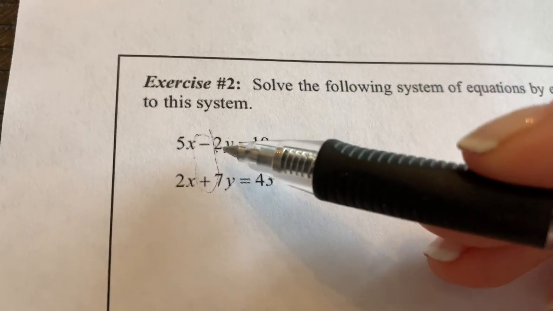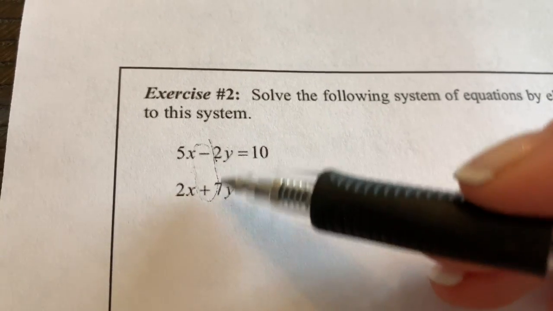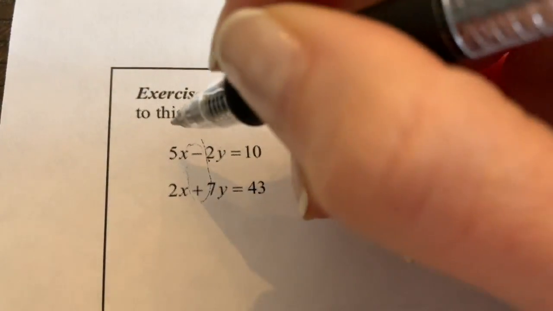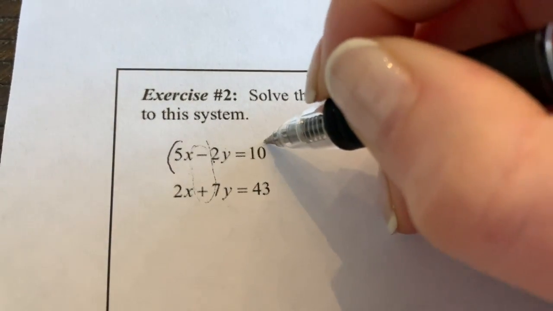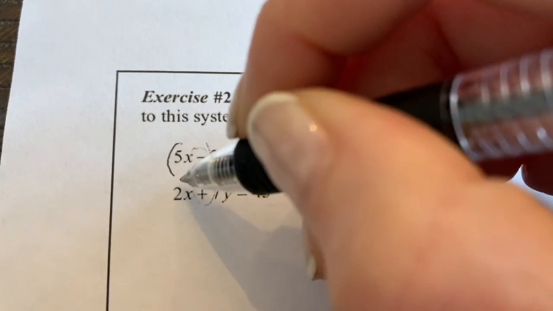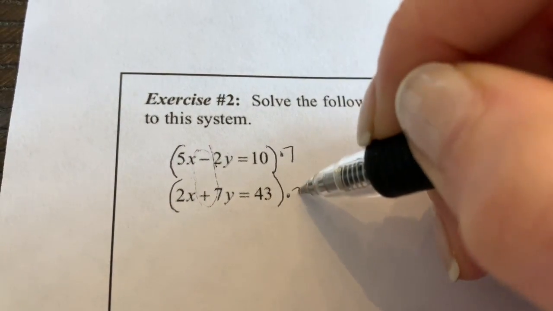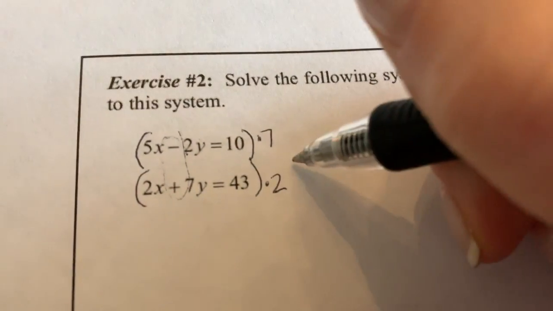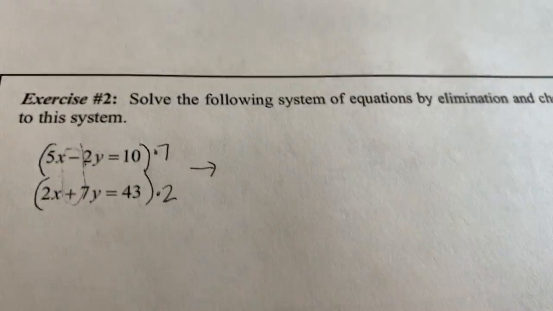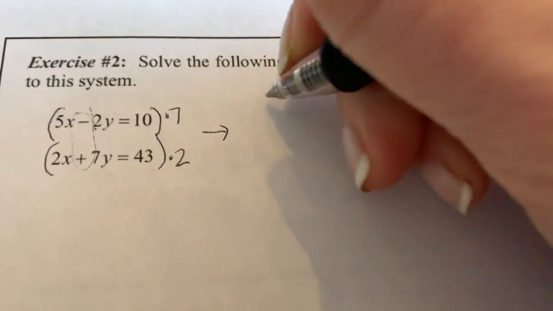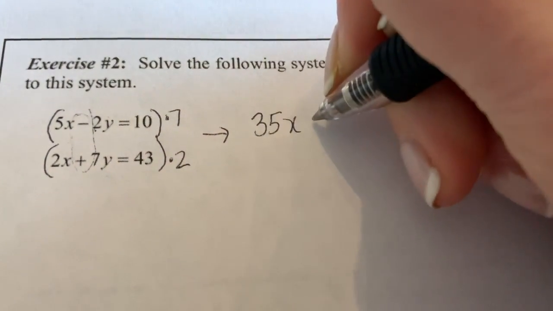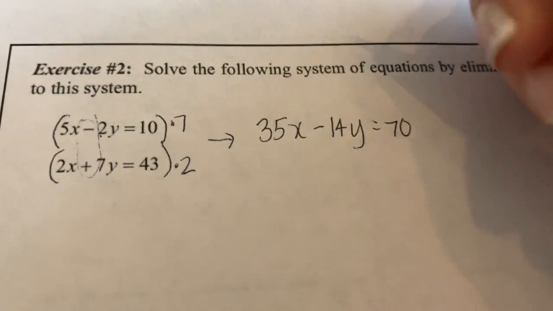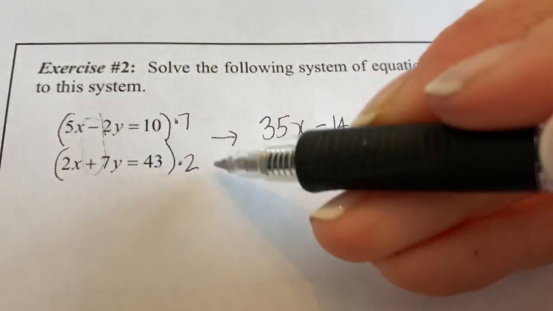And I'm going to think of what is the least common multiple of 7 and 2, which is going to be 14. So I'm going to multiply my top equation by 7 and my bottom equation by 2. And then that'll give me 14 in the middle. And then I can cancel those out. So watch what happens. The top equation is going to turn into 35x minus 14y is equal to 70. Okay, and the bottom equation, we're multiplying by 2.